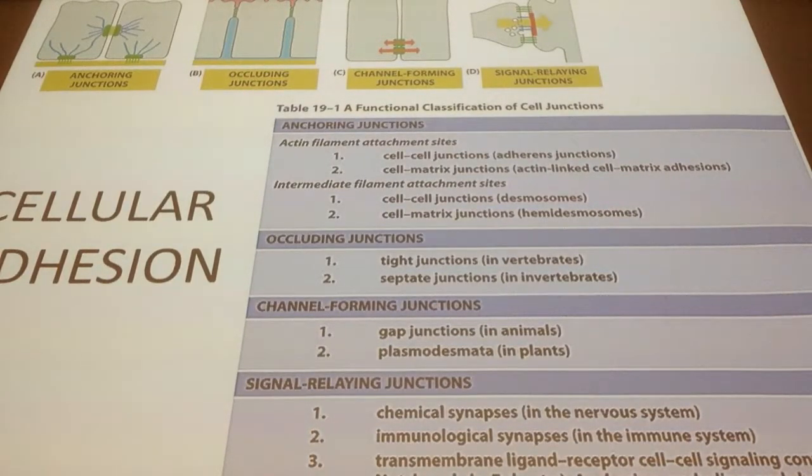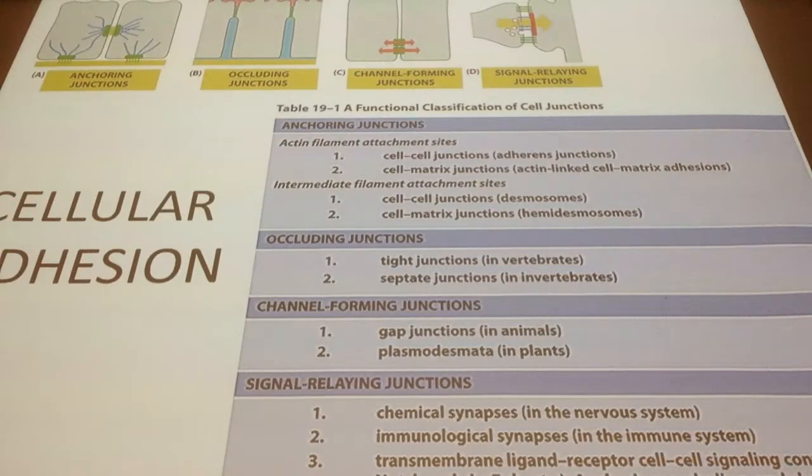If you ever took a course that talks about tight junctions, that's in a nutshell occluding junctions in animals. Channel forming junctions, we talked a little bit about in terms of the gap junctions, and then signal relaying junctions in terms of the synaptic signaling. So we already talked about these two.